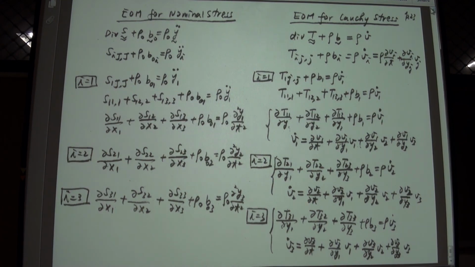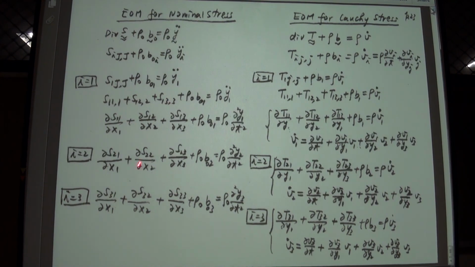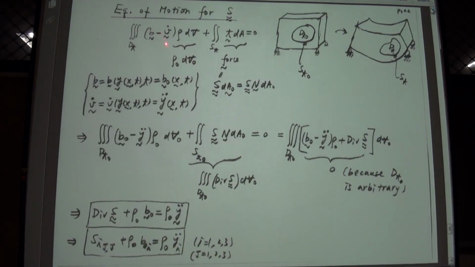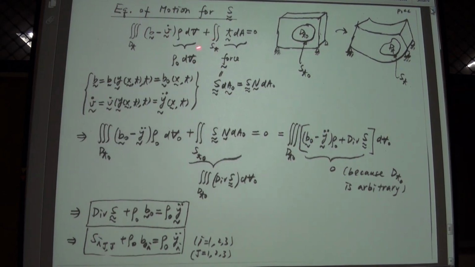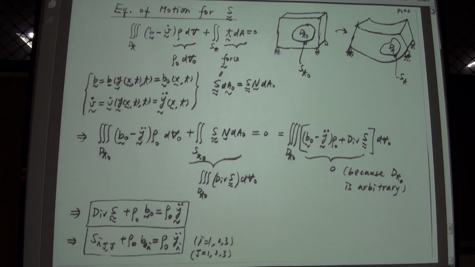Let me tell you how we derive this set of equations of motion. We have the balance of linear momentum, or the conservation of linear momentum. We have already talked about this before: the body force, inertial force, and the surface traction.